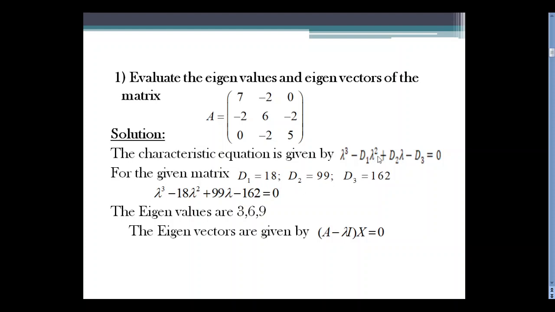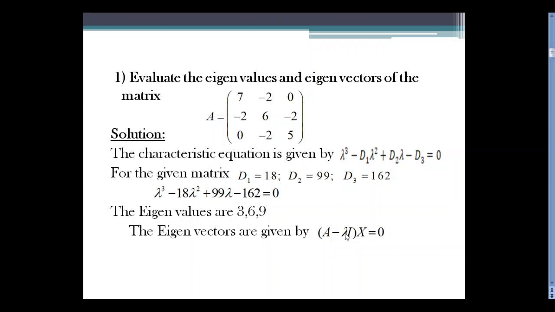Substituting in this characteristic equation, we get lambda cube minus 18 lambda square plus 99 lambda minus 162 equal to 0. By solving this cubic equation, we get the eigenvalues 3, 6 and 9. Now we want to find the eigenvectors.